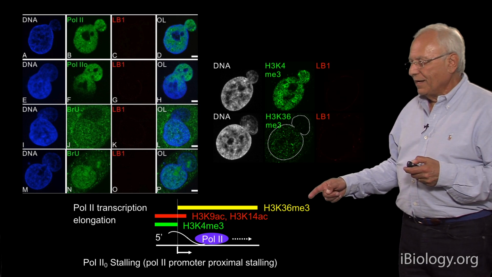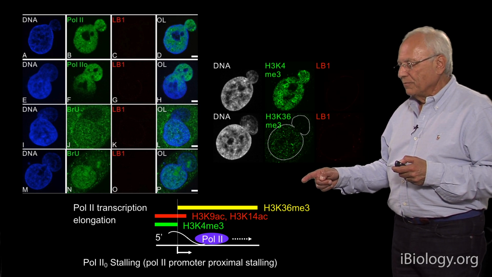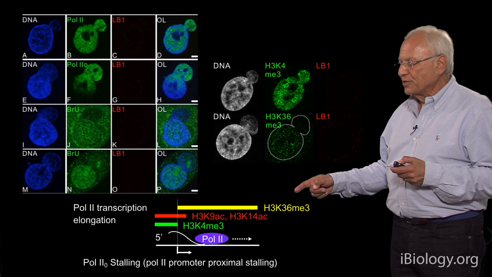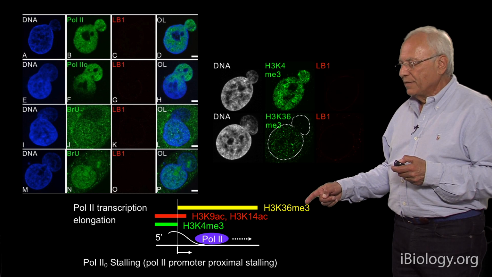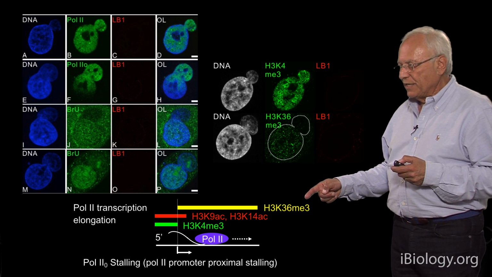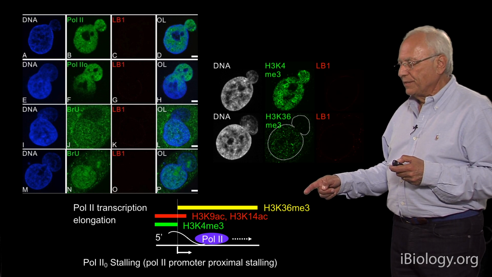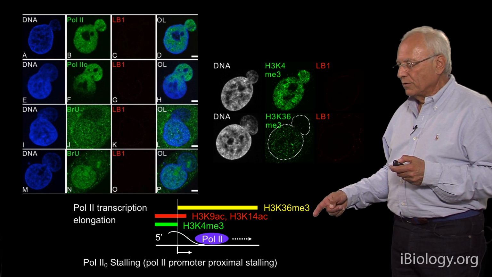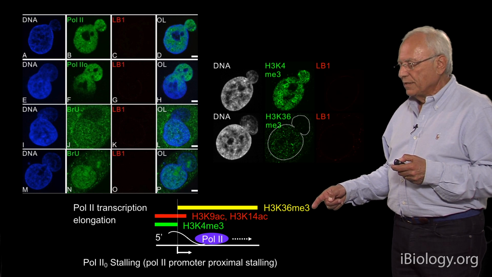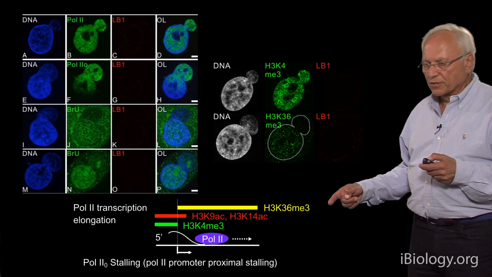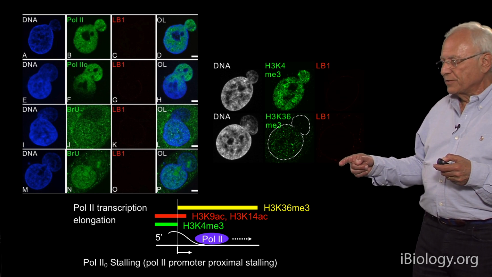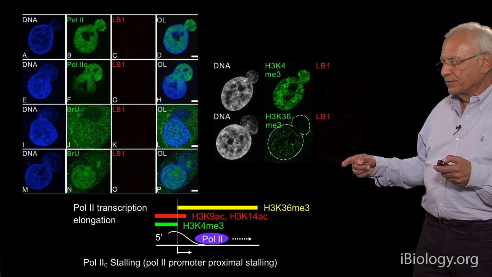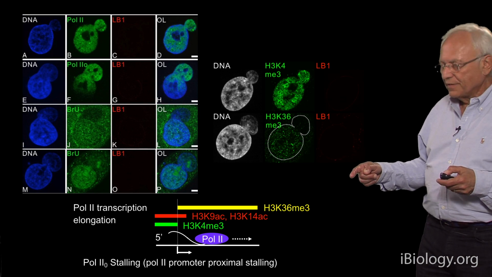And finally, we came to the conclusion, which we're still working on, and that is, it looks like in the bleb, RNA Pol II can be initiated, but it can't be completed. So it looks like a phenomenon called RNA polymerase II stalling, or Pol II promoter proximal stalling. So maybe initiation of mRNA synthesis can take place, but the elongation phase can't take place in this case.